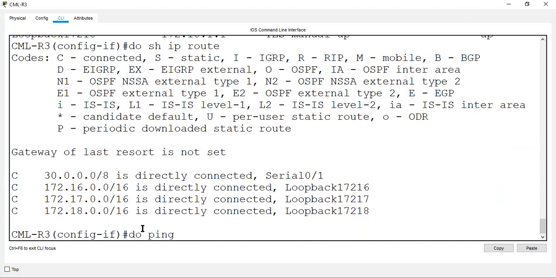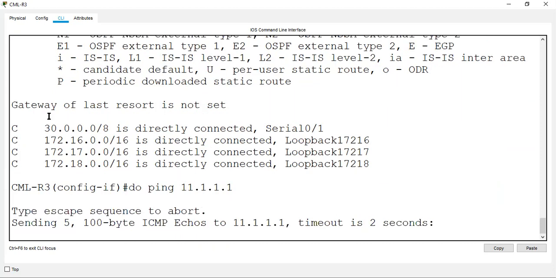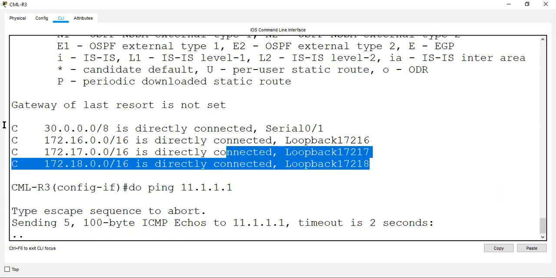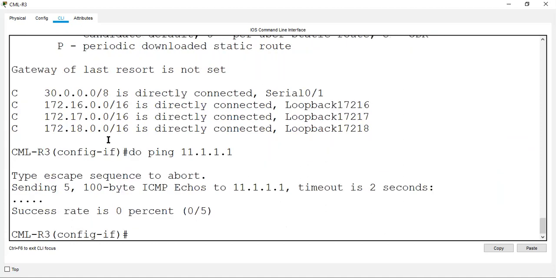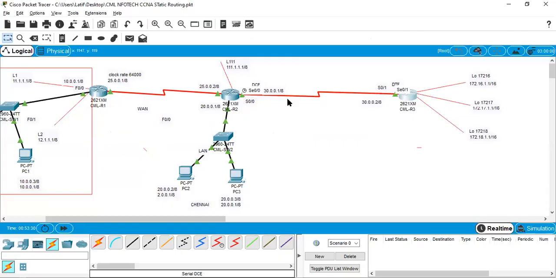Let's say ping 11.11, which is under R1. You cannot, because R3 doesn't have any routing statements regarding your unknown network. R3 only knows about your connected networks because we have not configured any routing till now.